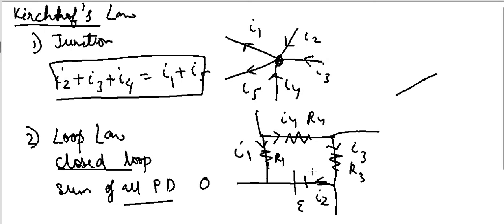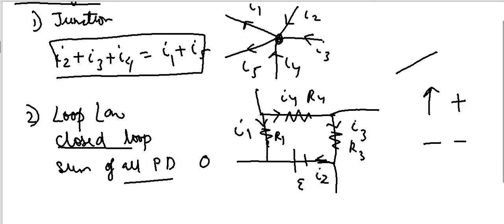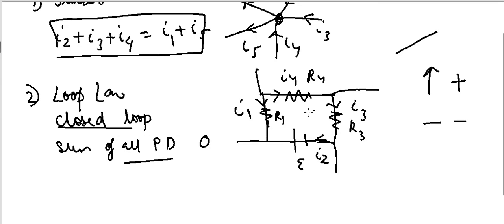So let us see that when we go across a closed loop, let us use the convention that whenever potential goes up, that is positive, and whenever potential goes down, that is negative. Okay, so I have assumed a current like this. Now in a closed loop, so this is a closed loop, so let me start from here.